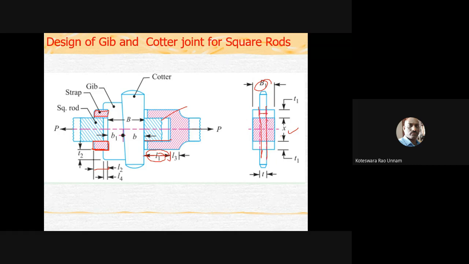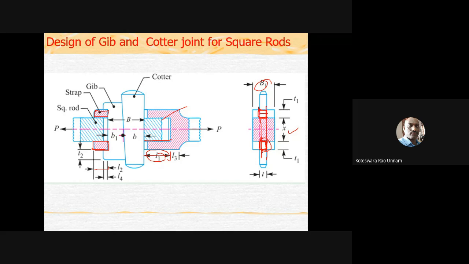Only this portion and this portion come out because of shearing, so this side and this side, that's why it is double shear. Then I need to consider this area plus this area. This area is the same as this area, so I'll calculate this area and multiply it by 2.